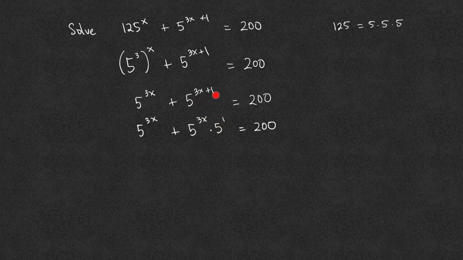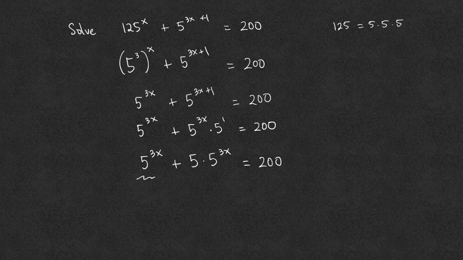And so we can also reverse the process. And so we now have one copy of 5 to the 3x power, and 5 copies of 5 to the 3x, and the right hand side is still 200.